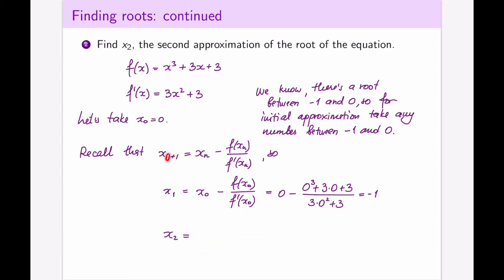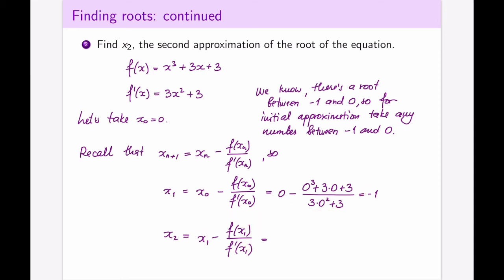So if n is 1, notice that this formula turns into x2, but the right-hand side has all of the calculations in terms of x1. So x1 minus f of x1 divided by f prime of x1. Okay, and now, same as before, I'm just going to plug in -1 everywhere here and compute with it.